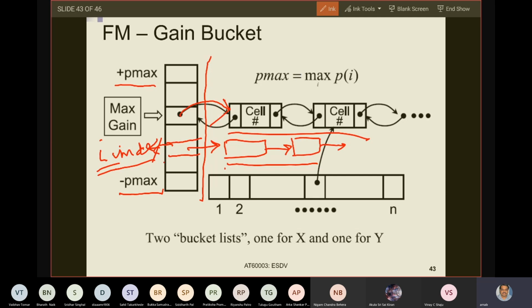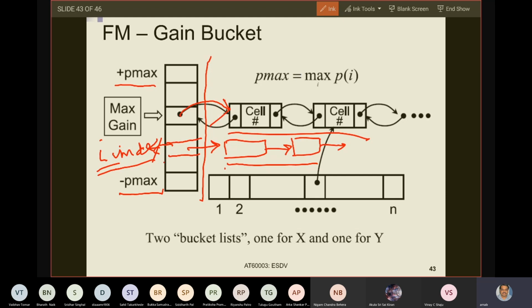So now we are saying that we have a similar data structure for partition Y. If this is the data structure for partition X, I have another data structure for partition Y. Then I find out which is higher between max gain of X and max gain of Y. Then I choose the higher one and take the first task in that position.